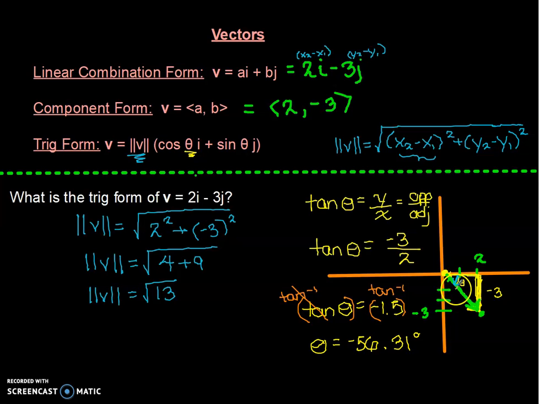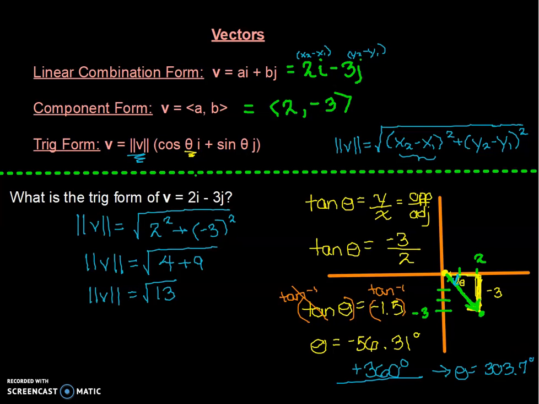So if it's going downwards, but I want the positive angle, that means I'm going to add 360 degrees to it. Remember coterminal angles. So negative 56.31 degrees, if I add 360 to it, it is still the same angle, hence coterminal angles. It's just that I'm going to have the positive value of it, which is most likely how you will see your answers. So if I add 360, theta will equal 303, I'm going to round here, I'm out of room, 0.7 degrees.